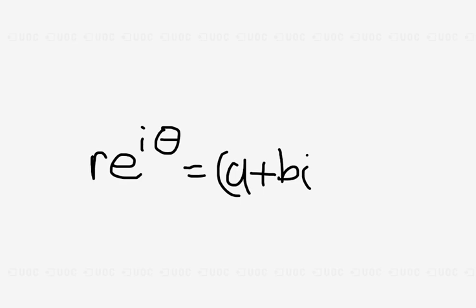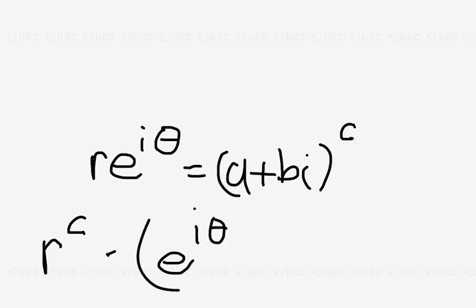Now, we want to take this to the power of c. How do we do this? We take r to the c and multiply it by e to the i theta to the c. Exponentiation, right? And e to the i theta to the power of c is equal to e to the i c theta.